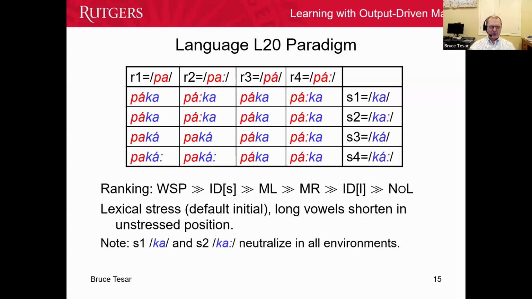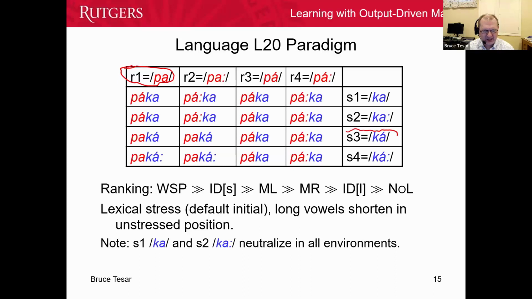And so this is the full paradigm structure for L20. I've got 4 possible root underlying forms. So again, I will imaginatively call them R1, R2, R3, and R4. R1 is the root in which the vowel is short and unstressed.